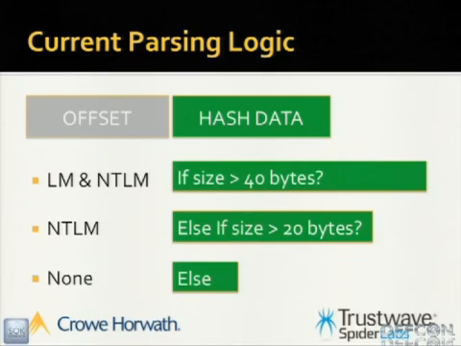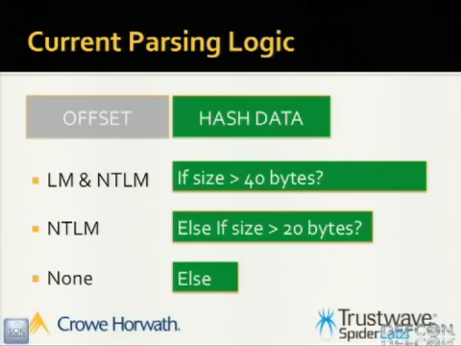The way these tools did this was they measure the length of the hash data. If the length of hash data is over 40 bytes, then I'm going to assume that I have an LM and an NTLM hash, because each hash is 16 bytes, and then there's a 4-byte header for each. So, 40, we got it, cool.